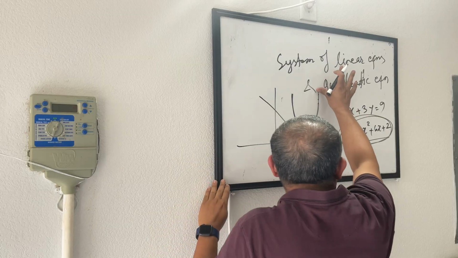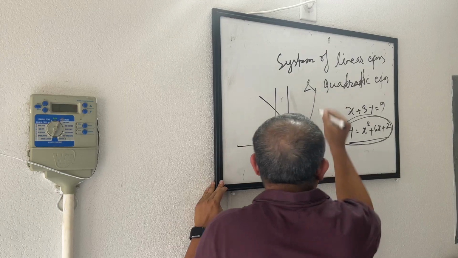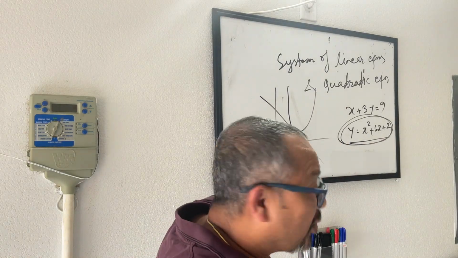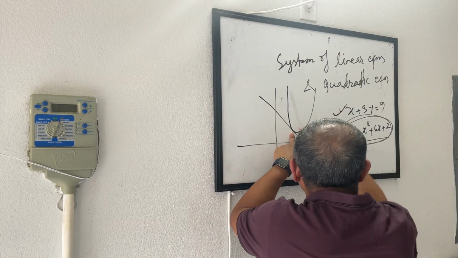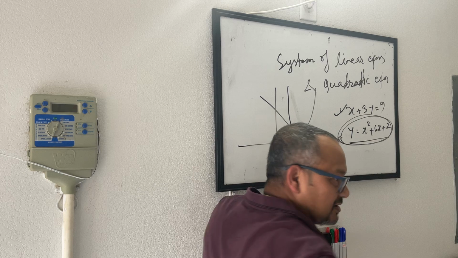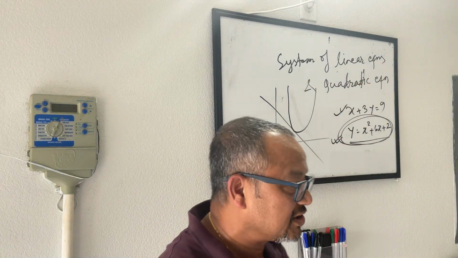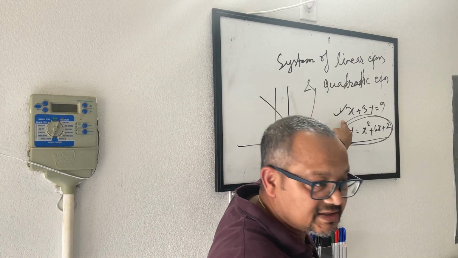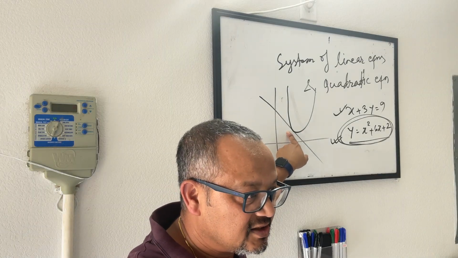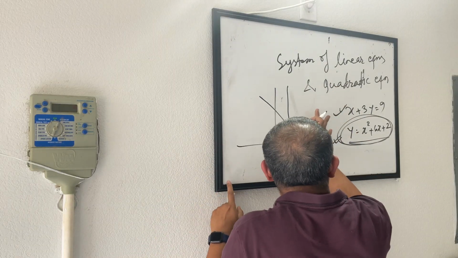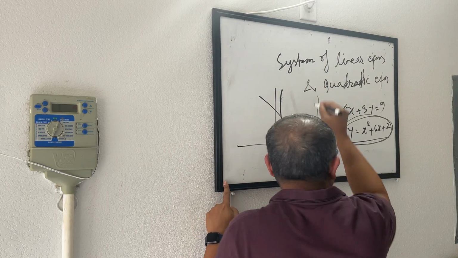If my parabola was drawn like this, at least we have one point where it follows this contract, meaning the straight line, and follows this contract also. Meaning, when you solve these two equations together, there will be at least one solution that is common between this line and this parabola. That's why you are seeing one place where they are interacting with each other. Imagine a situation where your parabola was even more friendly with the line.